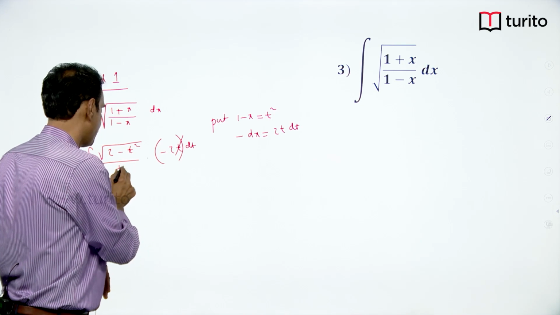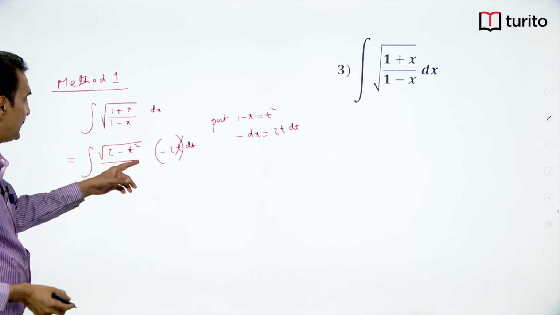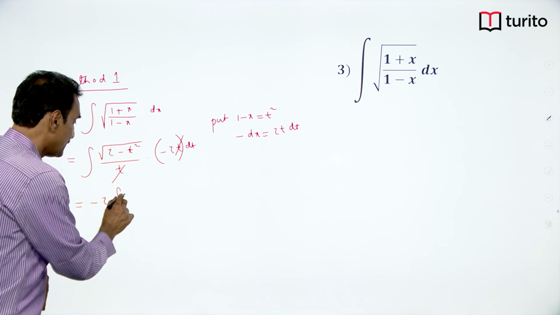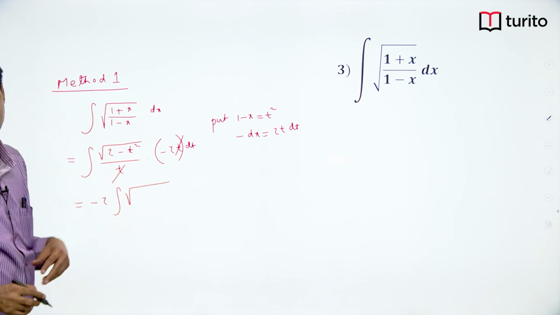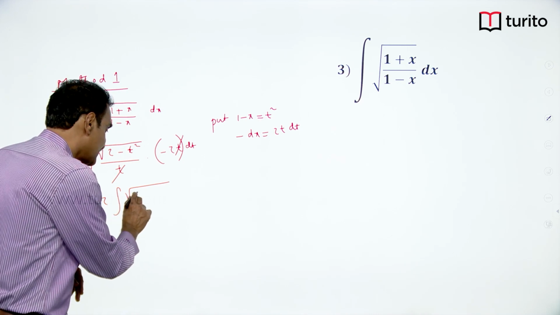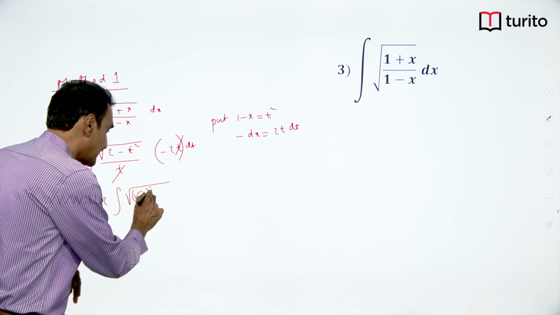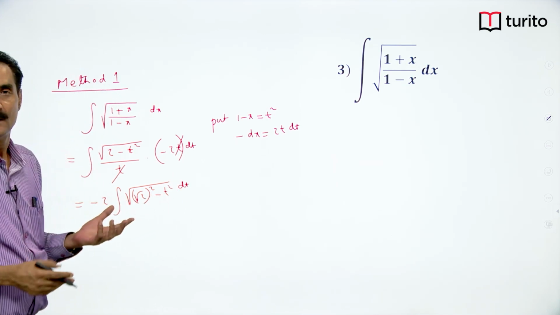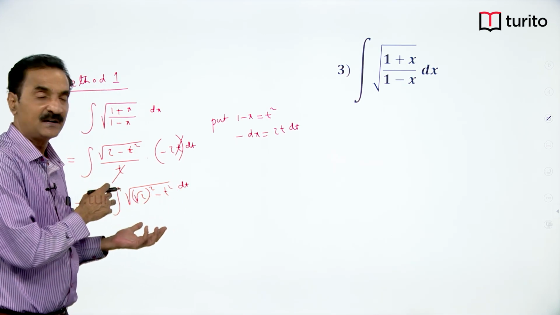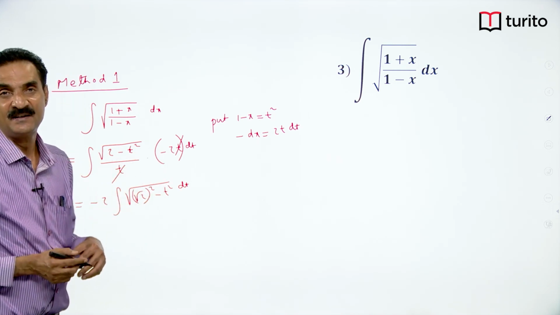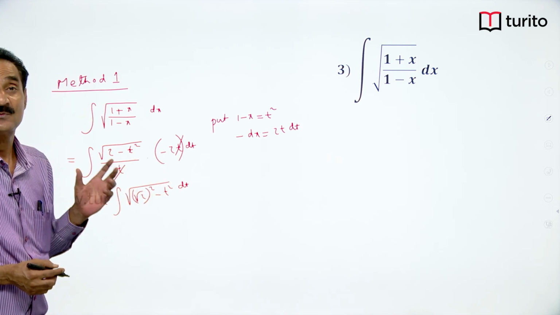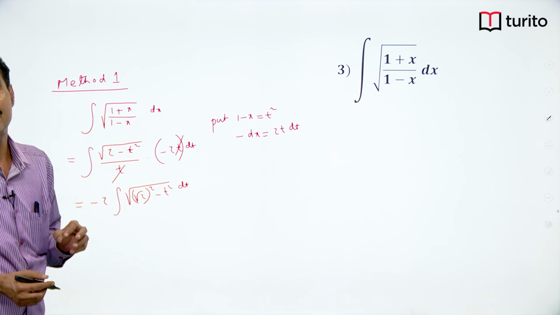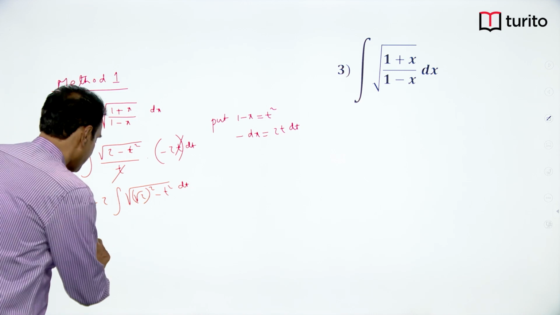Cancel t. Then minus 2 into integral root over 2 minus t square. 2 can be written as root 2 whole square minus t square dt. This is the standard formula. Integral root over a square minus x square dx is equal to x by 2 root over a square minus x square plus a square by 2 sin inverse x by a.